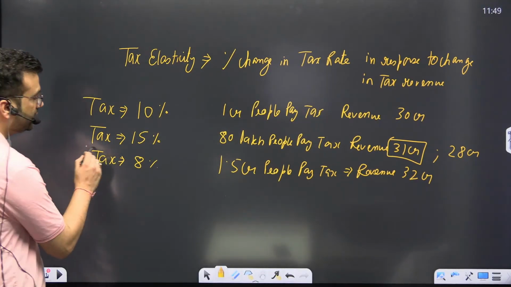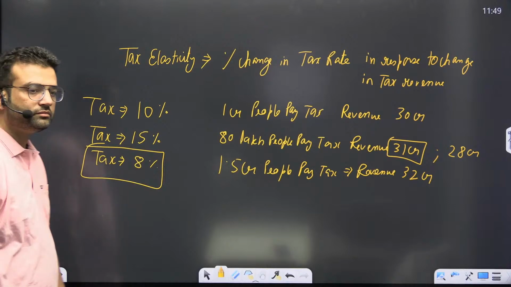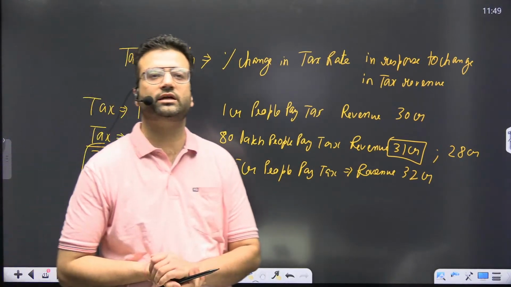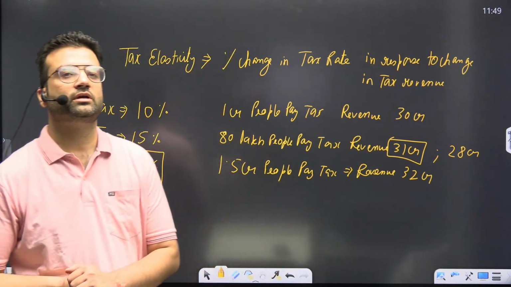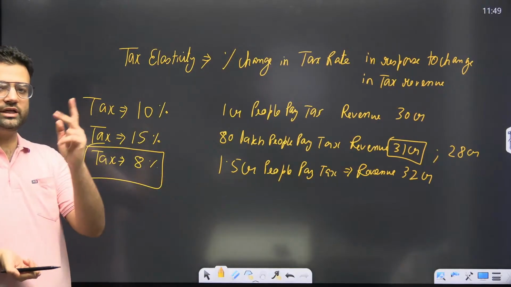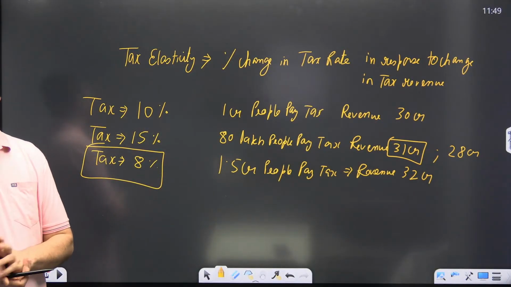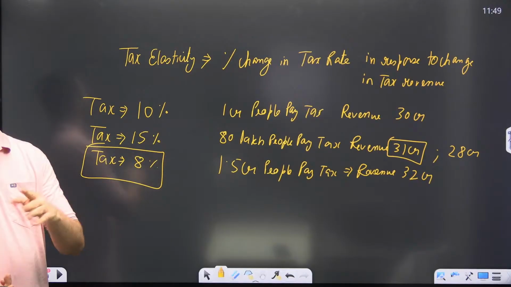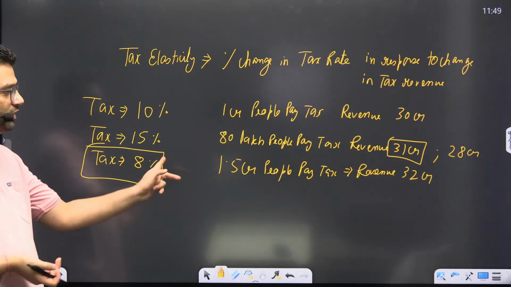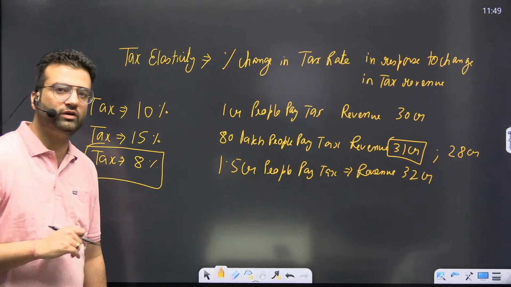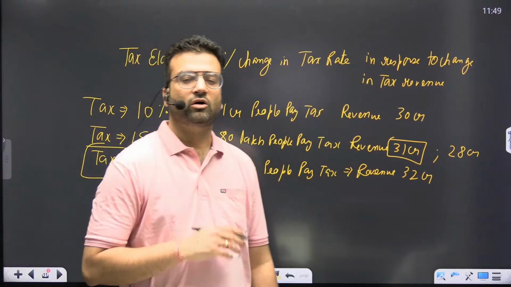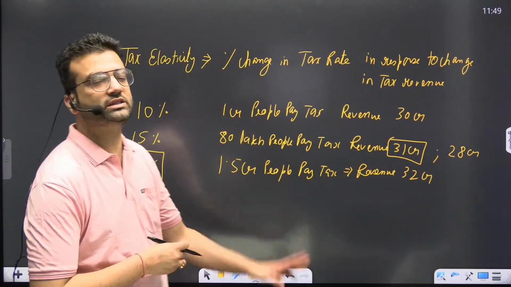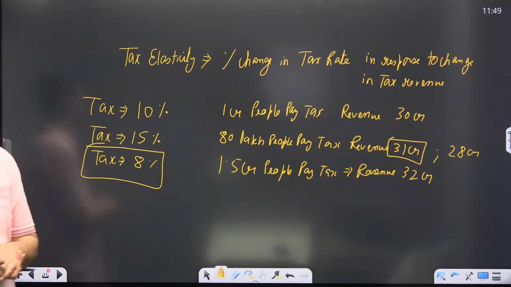Now, if you are decreasing the tax rate, the tax-depositing people will be more. But here also the revenue may be less or more. So this is tax elasticity.